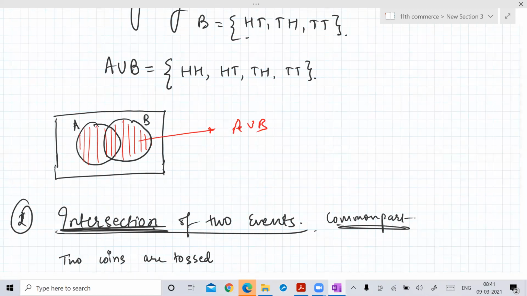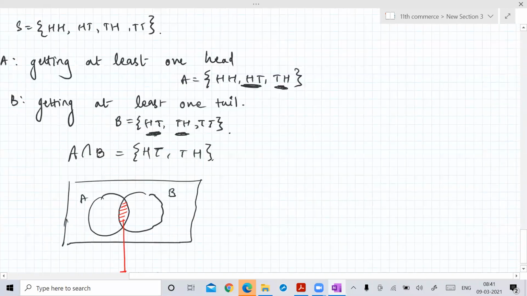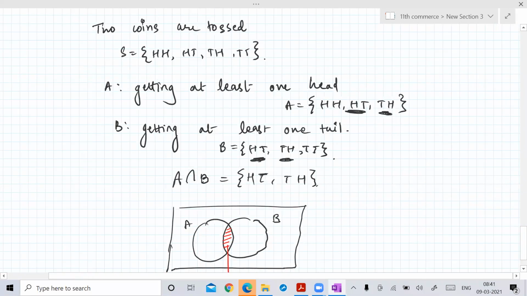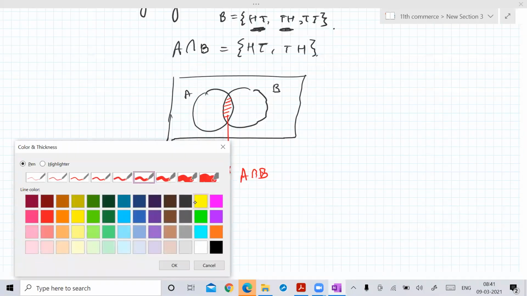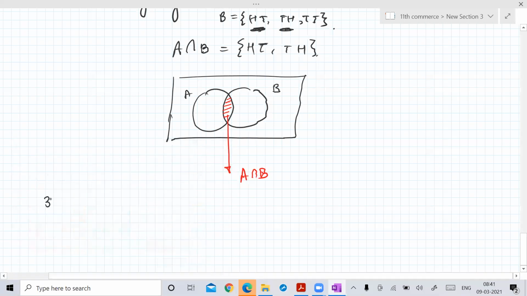Understood the difference? Now we are going to learn a new concept which is not known to you, and it is the exhaustive event.